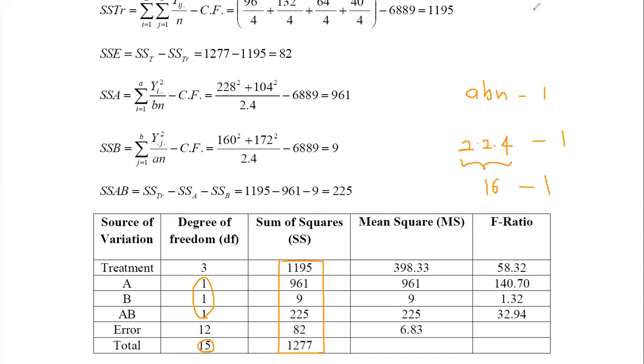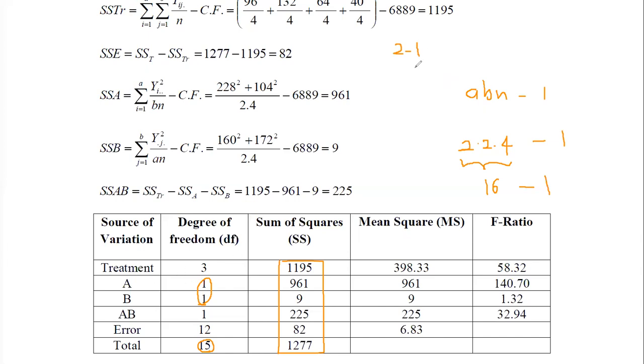We had two levels in factor A. Therefore, 2 minus 1 gives you 1.